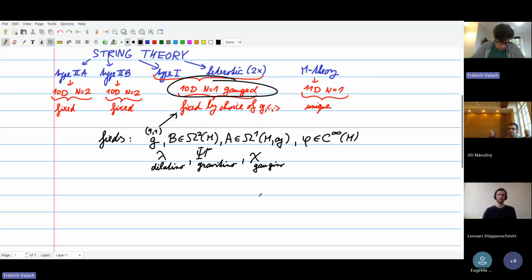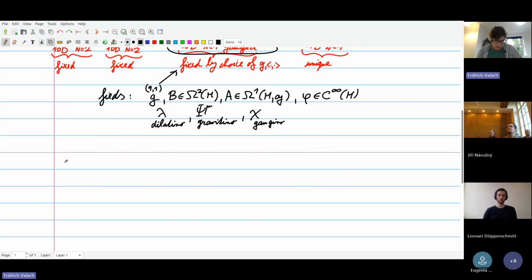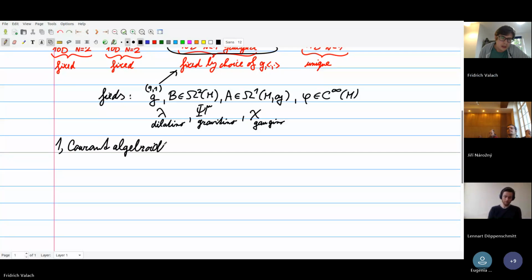Okay. Anyway, let me now go into more details. I think this is how it's best to describe it. Let me talk briefly about Courant algebroids in a more accessible way, which means that I will omit some details. So what is this?